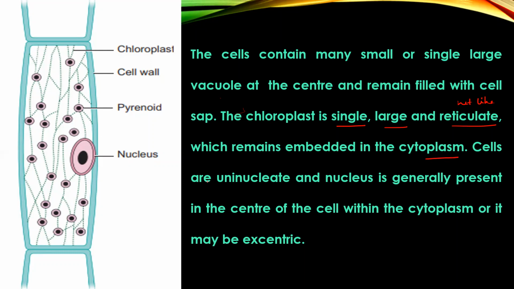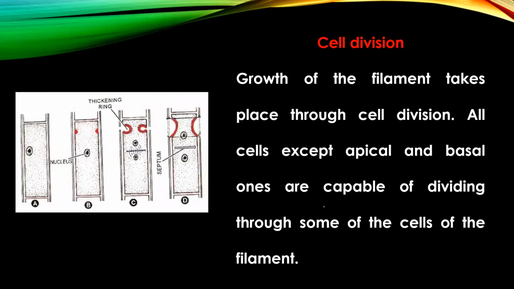Cells are uninucleate, obviously, see, one nucleus. And the nucleus is generally present in the center of the cell within the cytoplasm, or it may be eccentric.